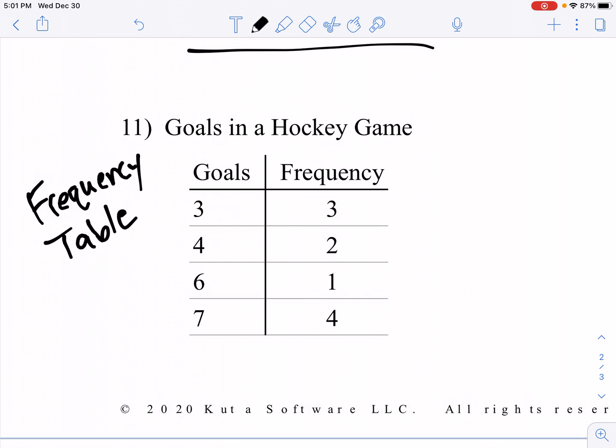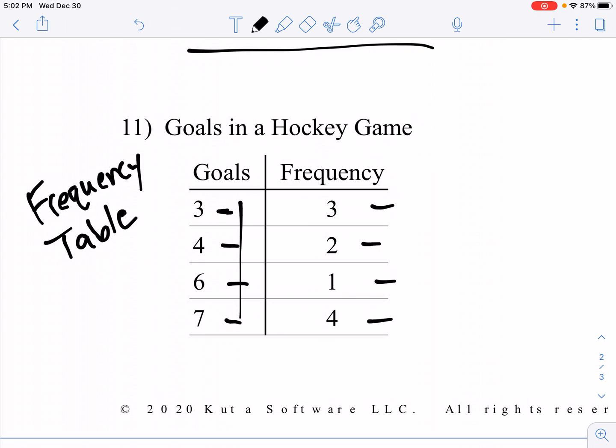For individuals that scored in the game, those that scored 3 goals, the number of times that occurred was 3 times. So the number of times that 3 goals were scored was 3 times. The number of times 4 goals were scored was 2 times. The number of times 6 goals were scored is 1 time. And the number of times 7 goals were scored is 4 times. So it shows you how many times these numbers occur.